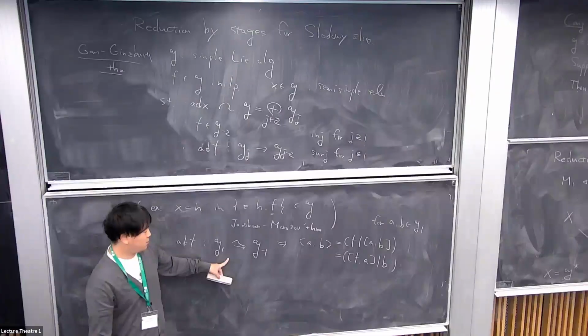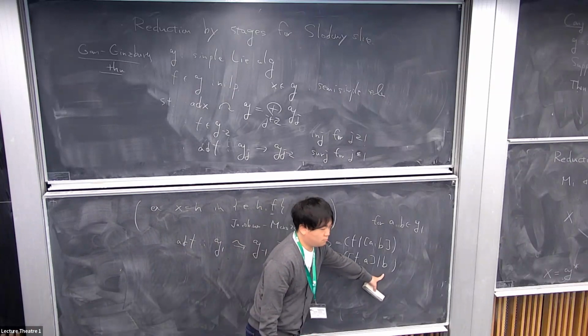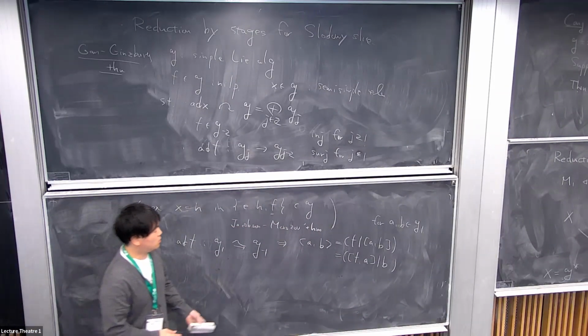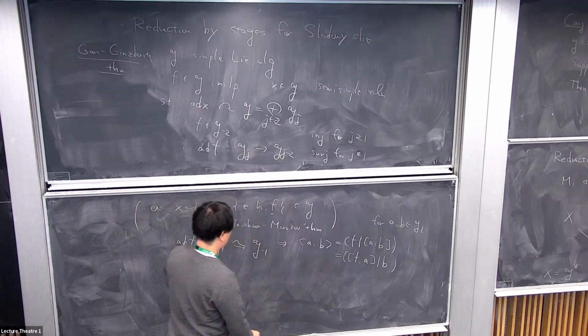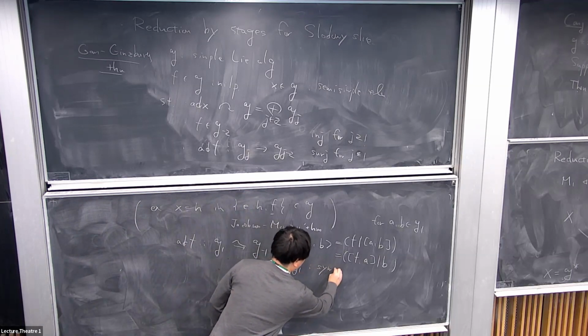Using this isomorphism, we get a pairing of g_{-1} and g_1. In general, g_j and g_{-j} give a non-degenerate pairing, so this form is non-degenerate. This implies that g_1 is a symplectic space.